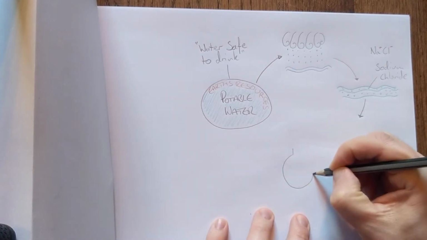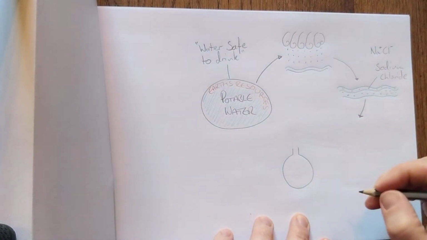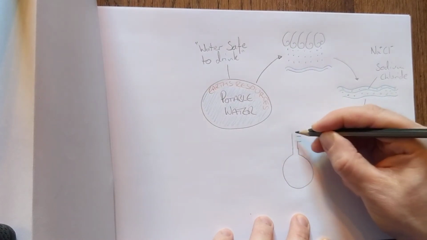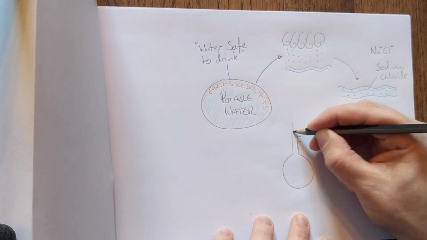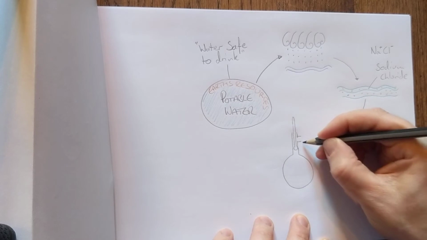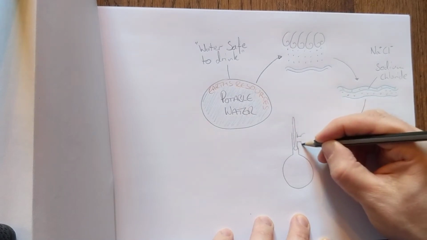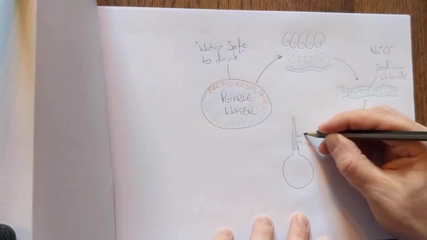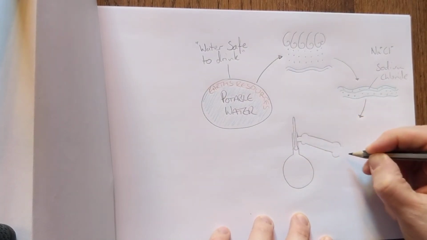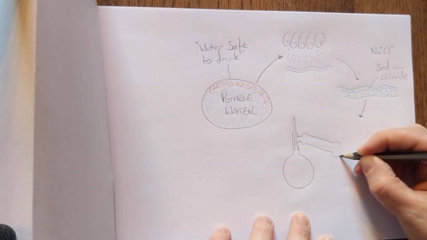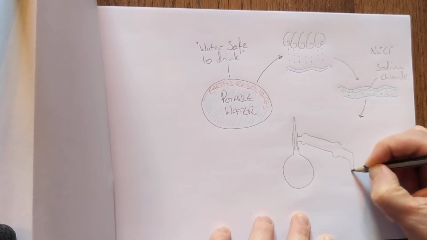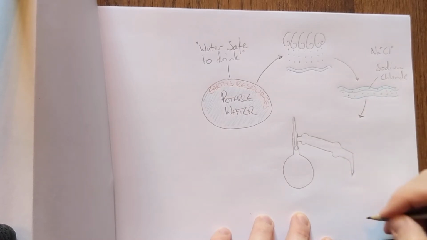So if I take a big round bottom flask and connect it to an elbow joint like that, I can put a thermometer in the top so I know what the temperature is, and I can connect that to a special piece of equipment called a condenser. This one, which you should recognise from when I did the practical with you, is a Liebig condenser. And on the end we've just got a little glass tube that funnels the water down.